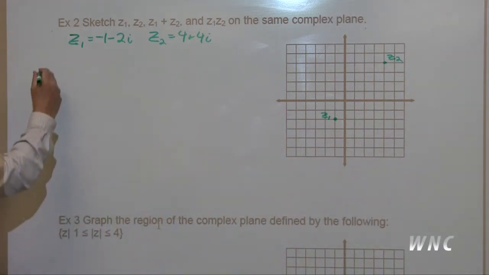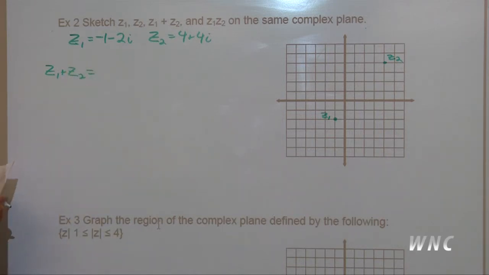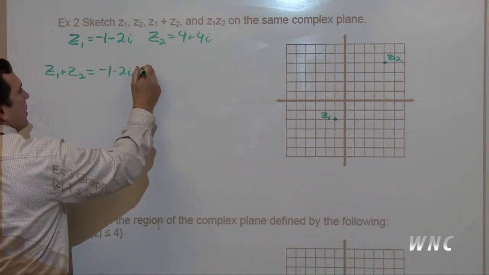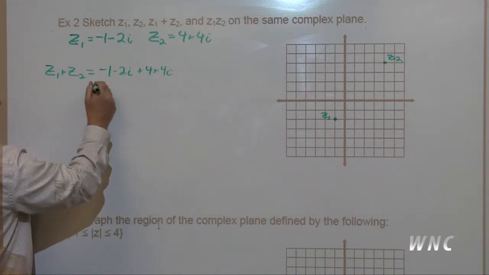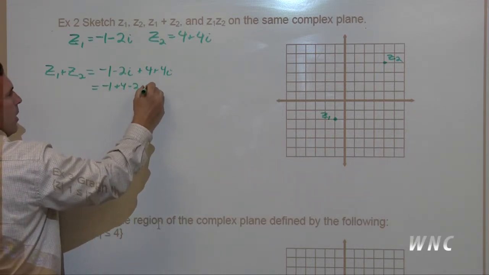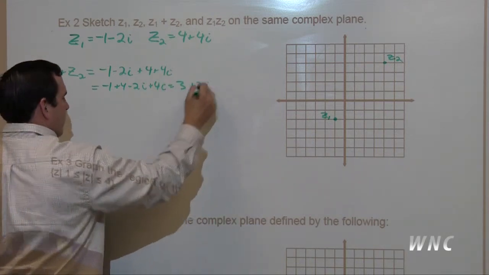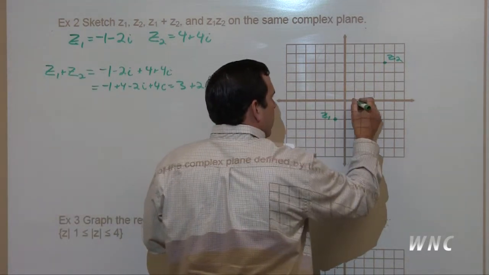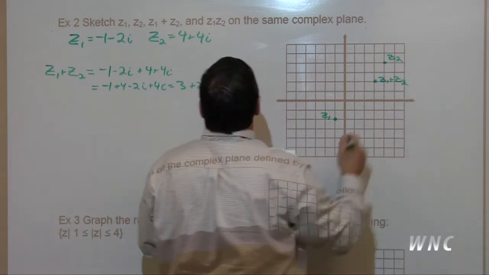Then we want z1 plus z2. That's negative 1 minus 2i plus 4 plus 4i. Now we're going to add the real parts, add the imaginary parts. That's negative 1 plus 4, minus 2i plus 4i. So I have 3 plus 2i.